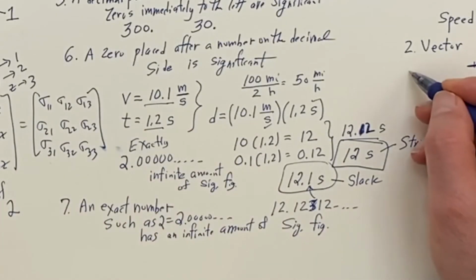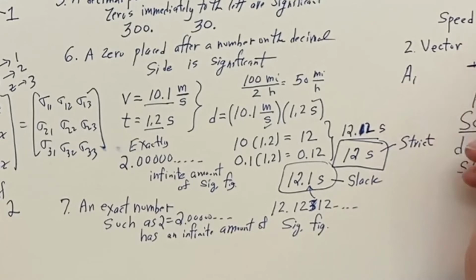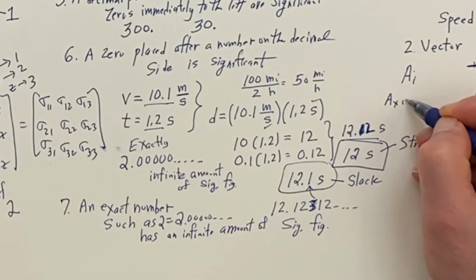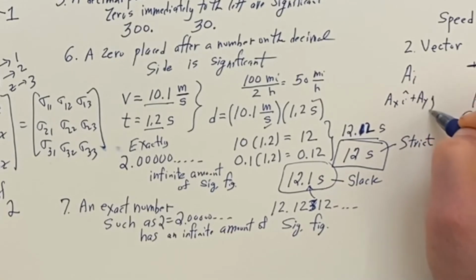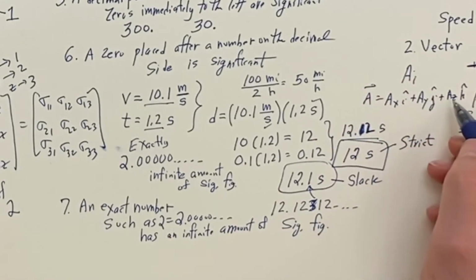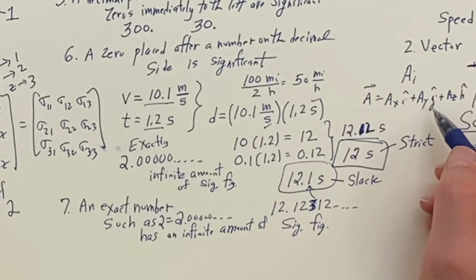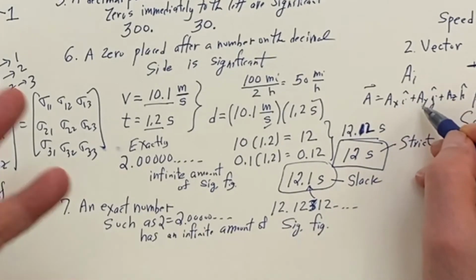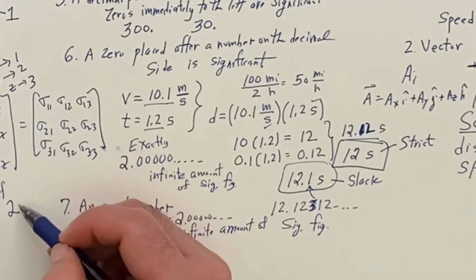Here the vector has 1 index. You can think of this as sort of an AX i hat, AY j hat, AZ k hat, some kind of general vector. X is 1, 2, and 3. And so we would say, since there's only 1 index here, 1 subscript, you have 2 subscripts, rank 2.